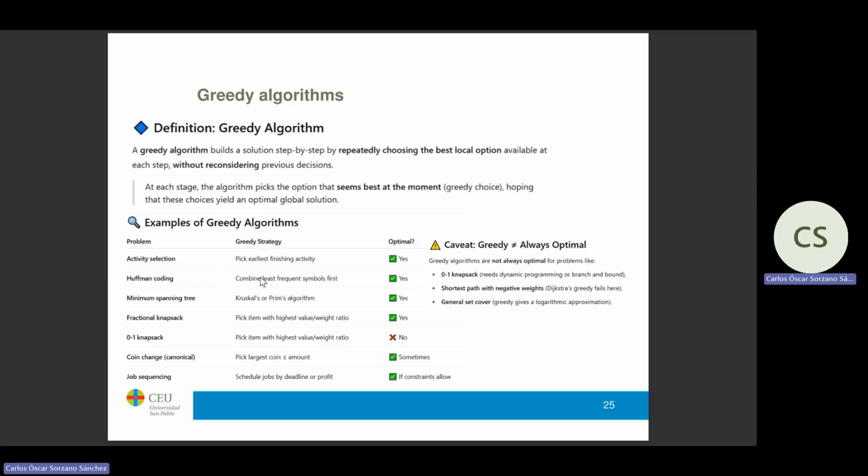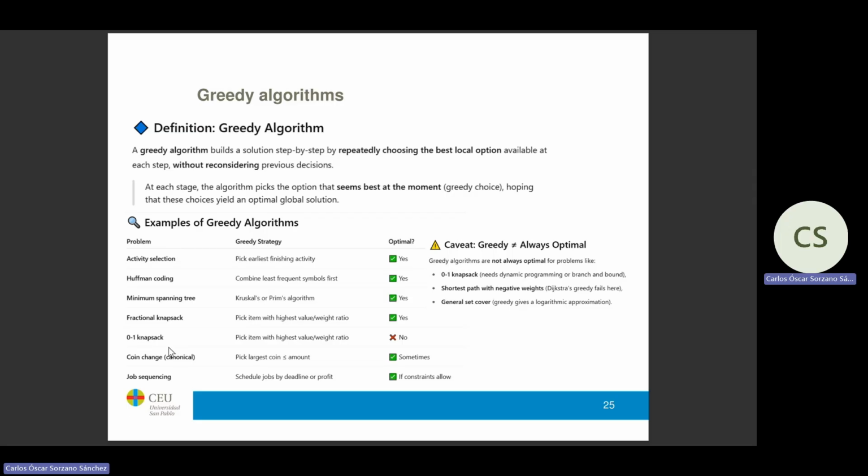The greedy strategy there is to combine the least frequent symbols first. So you combine them as if they are a single symbol, and then you keep doing that strategy, and for each one of the symbols you repeat this process until you are given only 2 symbols, and then you assign 0 to one of them, 1 to the other.